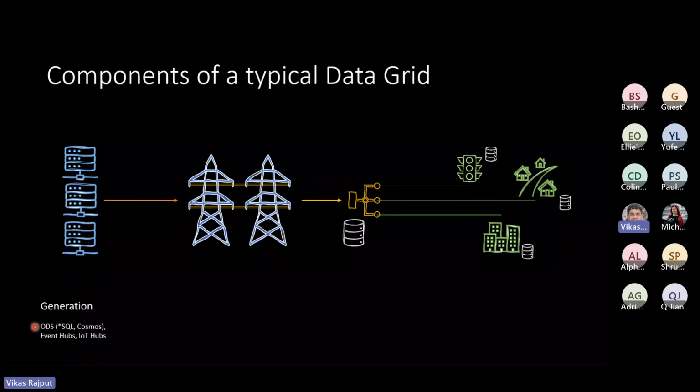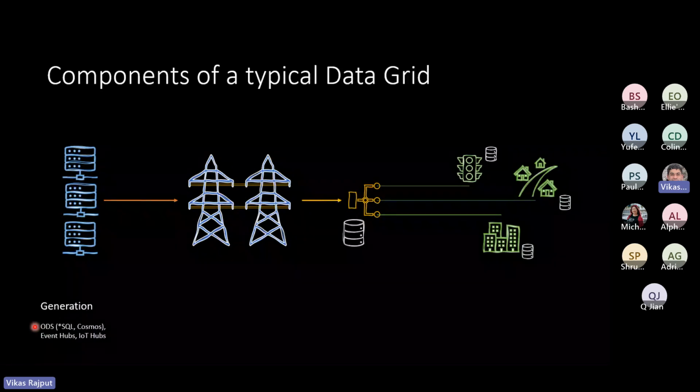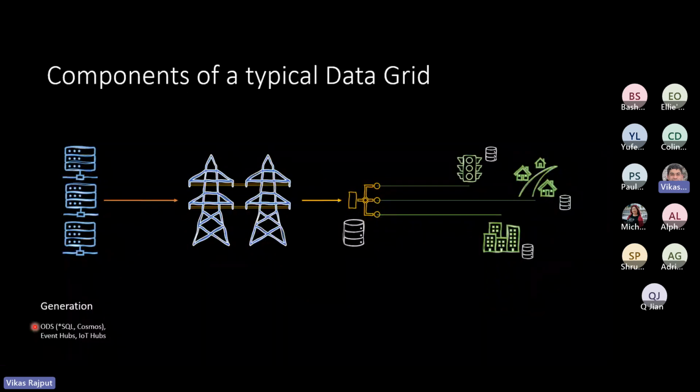But in more recent times, I would probably say more recent decades actually, there are also Event Hubs and IoT Hubs which have garnered a lot of attention as well. Event Hubs are where applications can go and throw their events and messages, and there are other applications which will receive them.